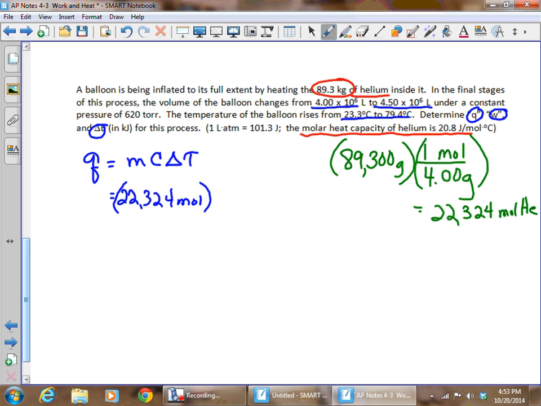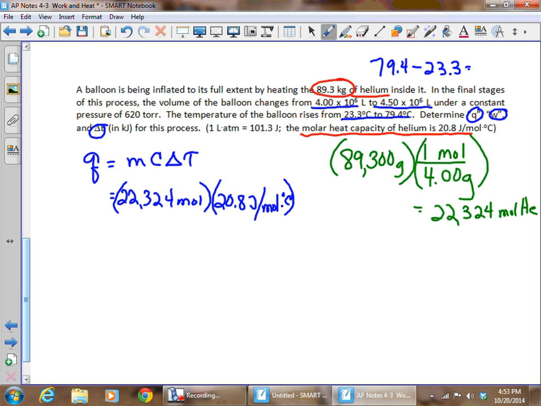Our C value, our molar heat capacity, it said was 20.8 joules per mole degrees Celsius. And we need a temperature change, and it's going from 23.3 to 79.4. Final minus initial, 79.4 minus 23.3.